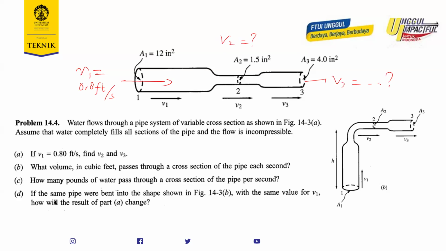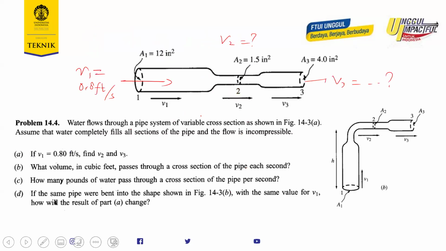By the continuity equation, we can say that A1 V1 is equal to A2 V2. So we can calculate V2 as A1 V1 divided by A2.